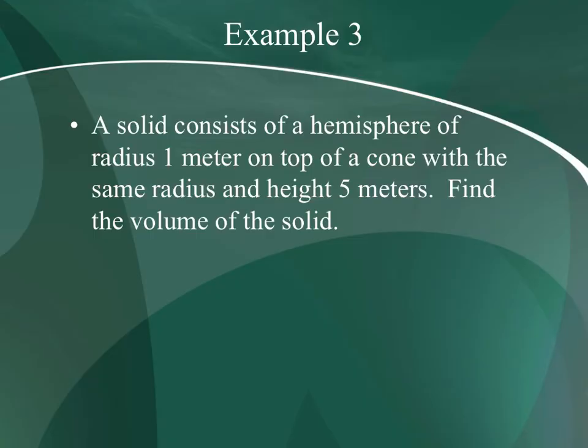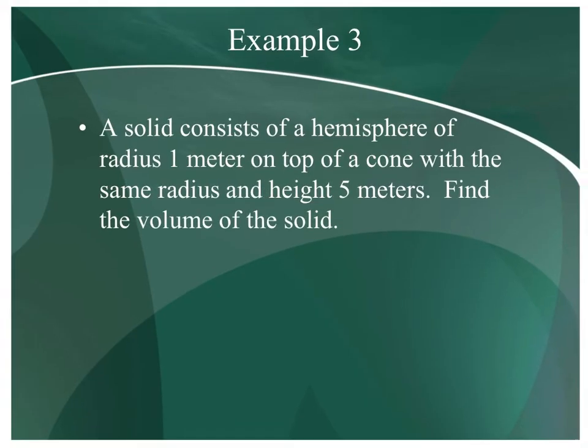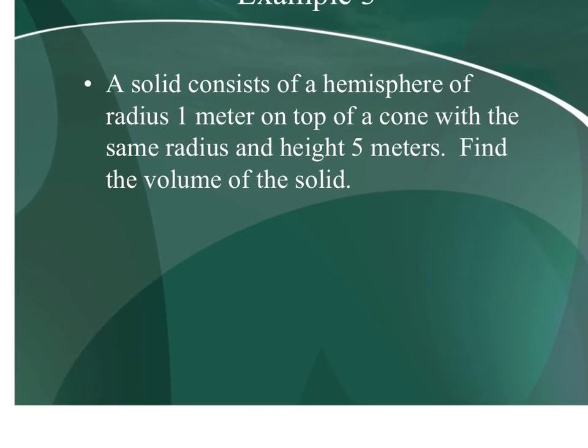Our last example is a word problem. And it says a solid consists of a hemisphere of radius of 1 meter on top of a cone with the same radius and a height of 5 meters. So really this is going to look like an ice cream cone. So let me go ahead and draw it. So here's my cone.